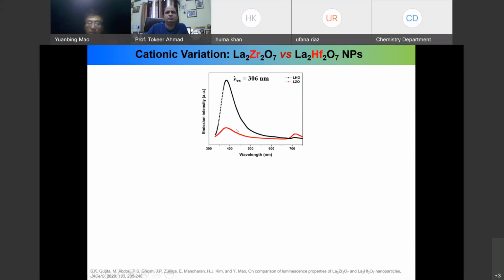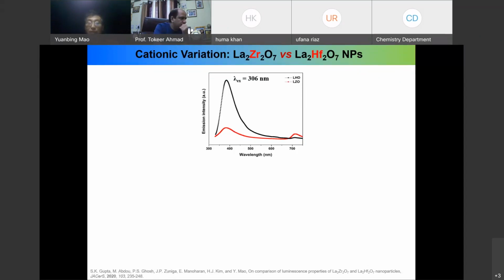The difference is that you will see the neodymium hafnate has a much stronger peak here, and for the neodymium zirconate, in this wavelength region, we actually observed two peaks. And if you look at the periodic table, zirconium and hafnium are close to each other, one on the top, one on the bottom, right?